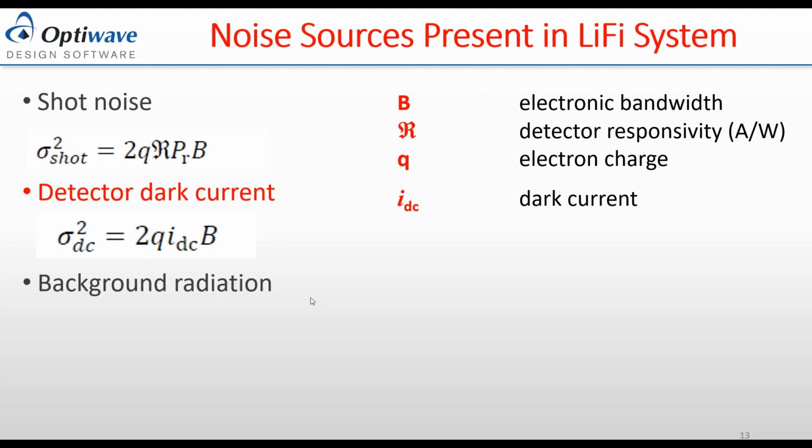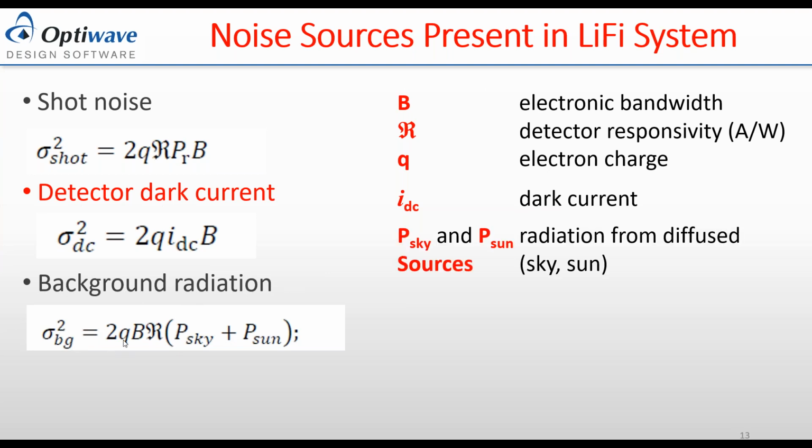The other type of noise is what we call background radiation, or ambient noise, which is related to noise coming from, for example, the sun if it passes through a window, or any reflection, brightness of the sky or something like that. The formula for the background radiation is given by this formula here.